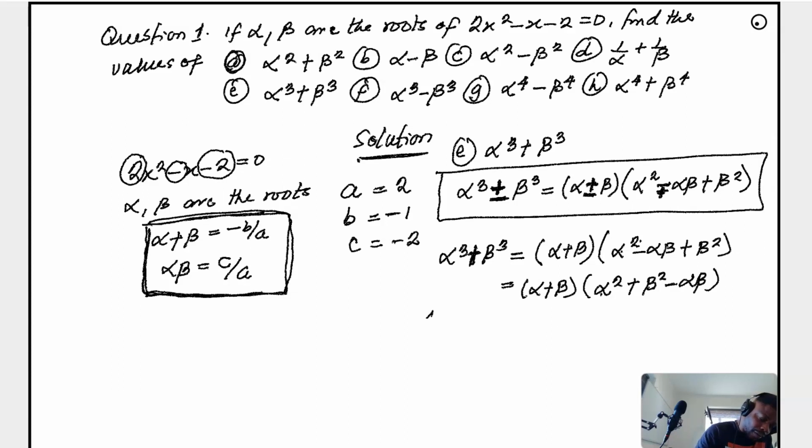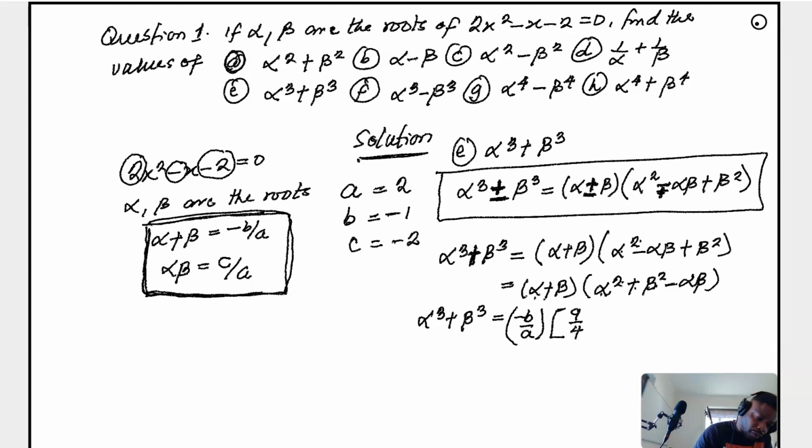So now we have alpha cube plus beta cube is equal to alpha plus beta, which is minus b over a, right? Okay. Alpha squared plus beta squared. What did we get? Remember, I think I wrote it somewhere. We got 9 over 4 for that.